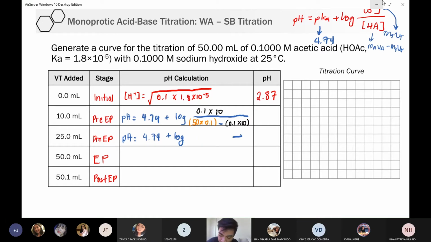Nanginginig yung aking kamay. Titrant, black yan. So, 0.1 times 25. Okay. Analyte is kulay orange.